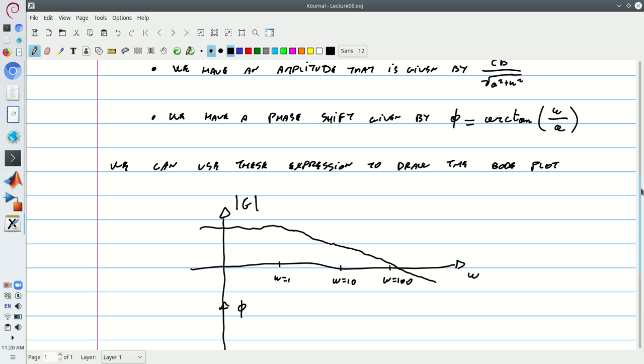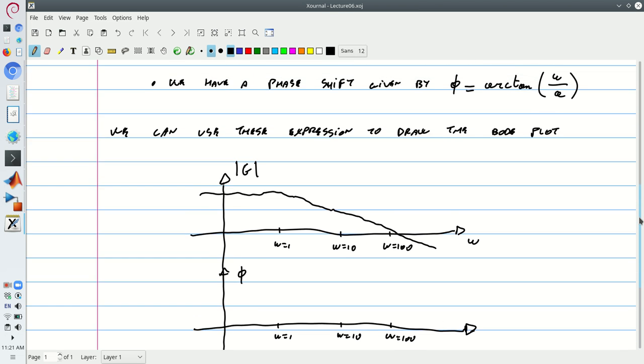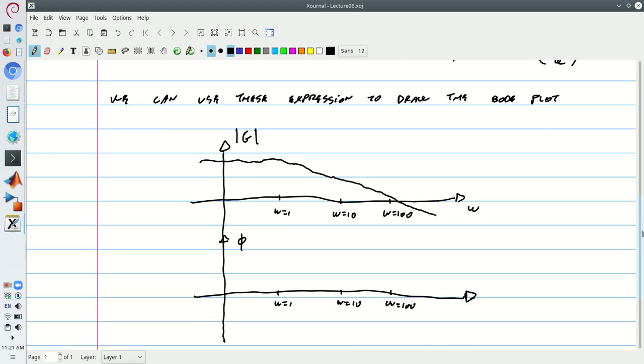Since everything is going on a logarithmic scale, we are simply going to see somehow a stretched form of the arctan. Okay, so I just want you to see what the plot looks like.